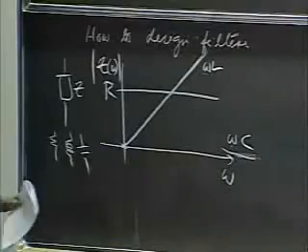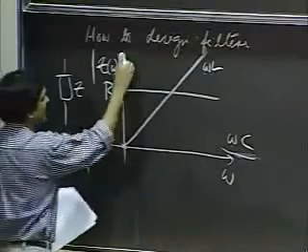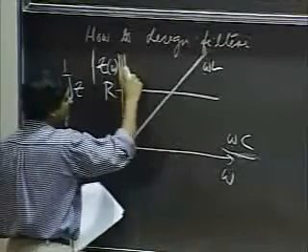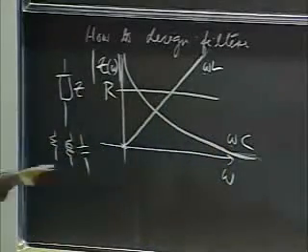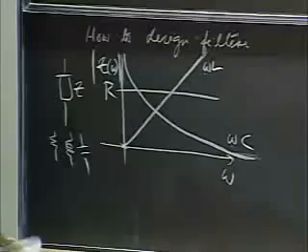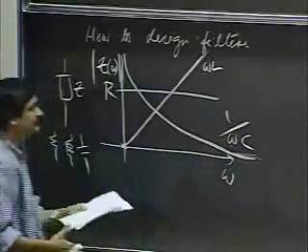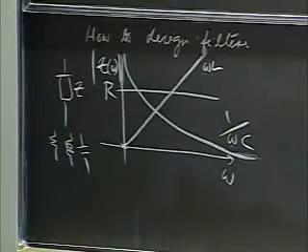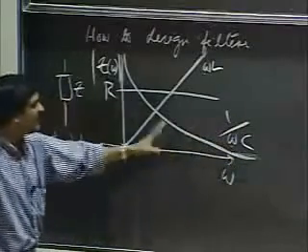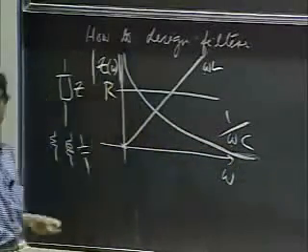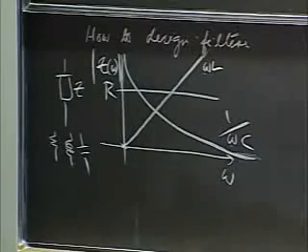But for very low frequencies, the impedance is very high, and I get a behavior pattern that looks something like this. It goes as omega C. I'm sorry, 1 by omega C. Okay? So as omega is very large, my impedance is very small. Omega is very small, my impedance goes towards that of an open circuit.